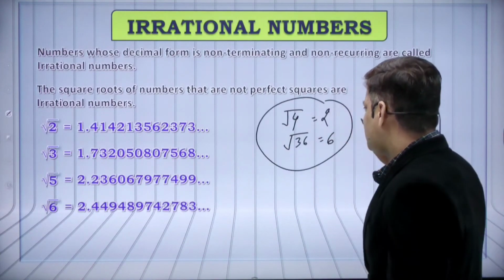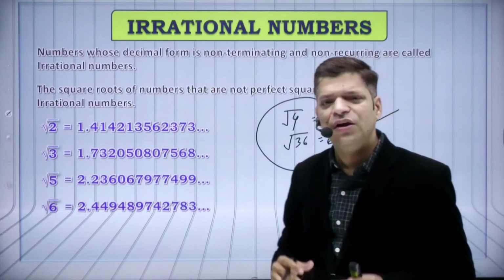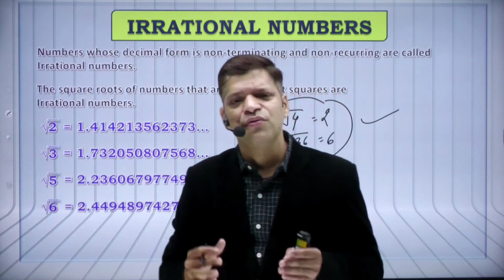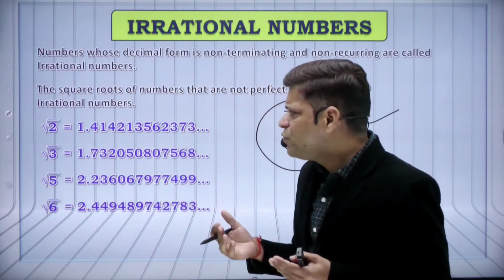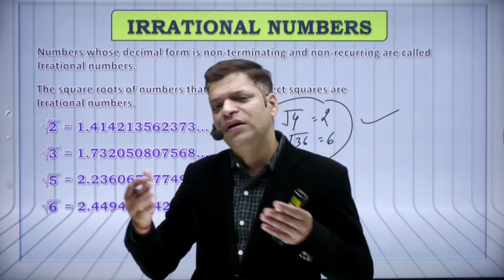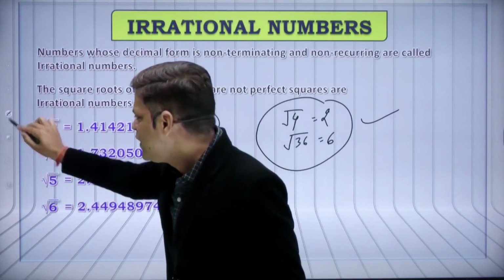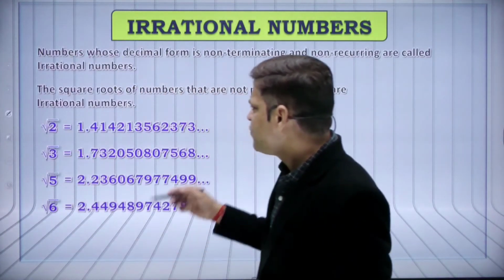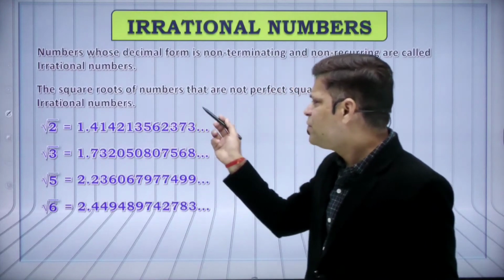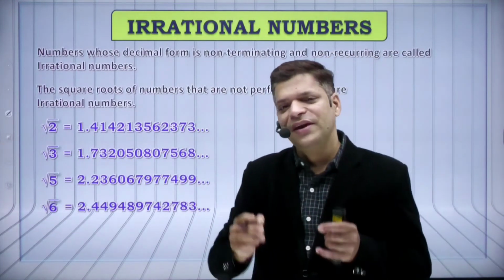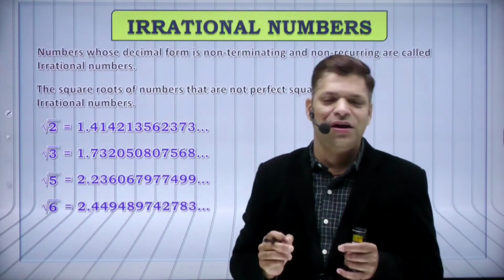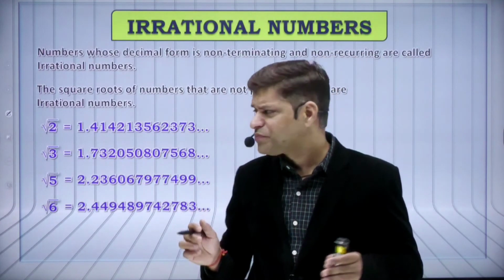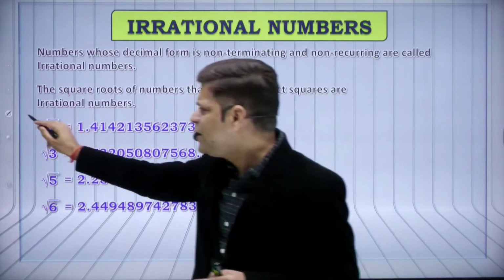There are many examples by which we can define which numbers have perfect square roots. So we also define irrational numbers in another way: the square roots of numbers which are not perfect squares are called irrational numbers. So we have defined two definitions here.